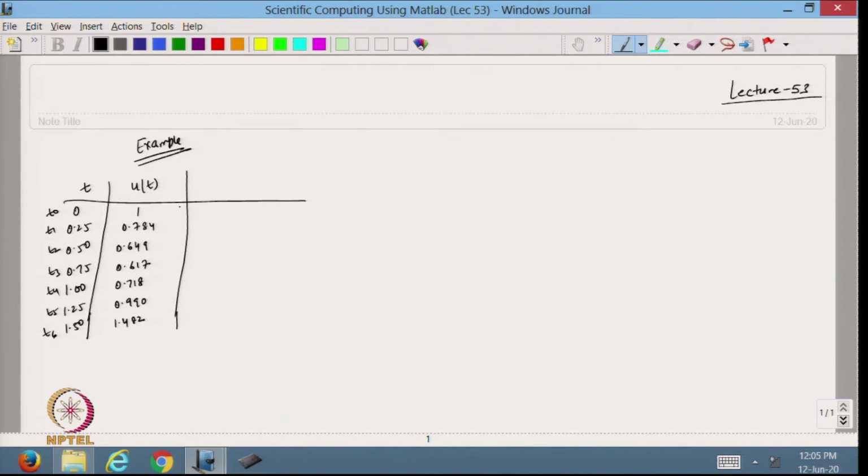So these are the values given to me, and these are my u0, u1, u2, u3, u4, u5 and u6. So seven nodal values are given.